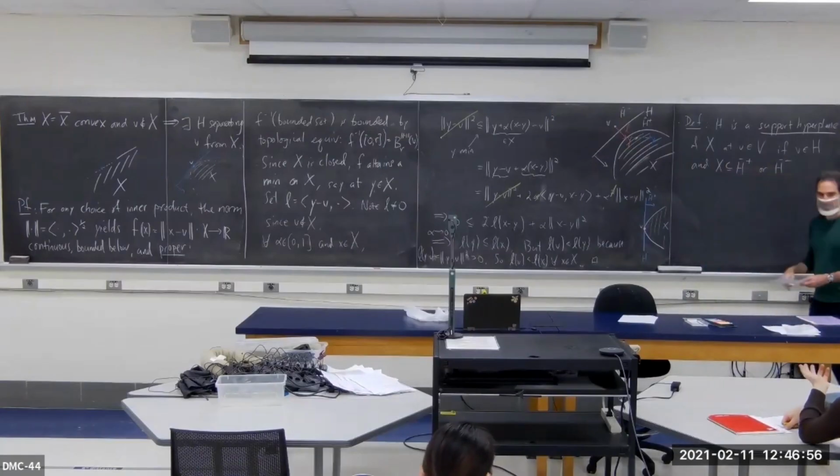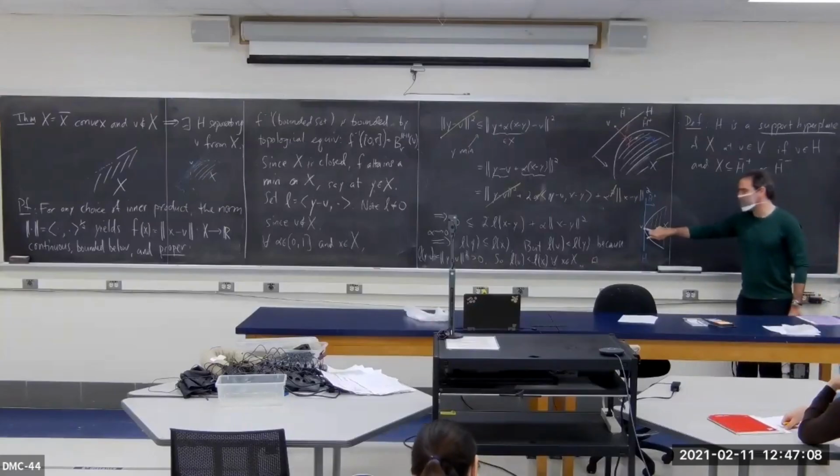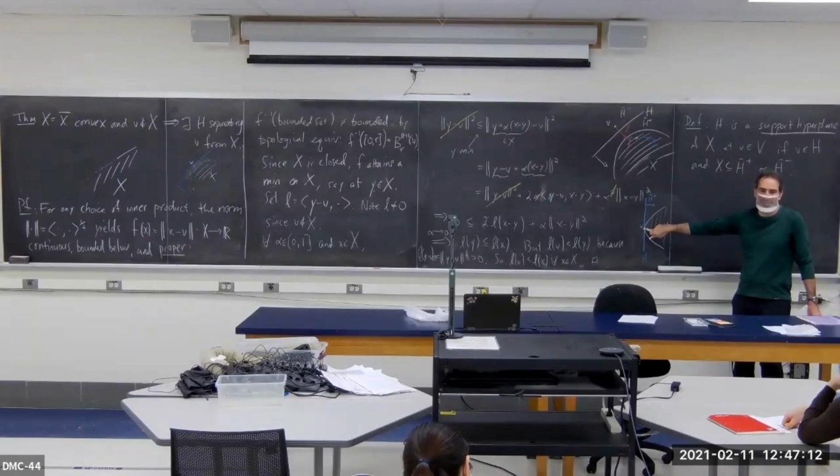But isn't this a counterexample? To what? This is a support plane, but I said every separating hyperplane is a support hyperplane as long as it goes through v. This does not separate v from X. I didn't say every support hyperplane is a separating one. I said every separating one gives you a support one. If this was separating and contained v, then it would be a support hyperplane.